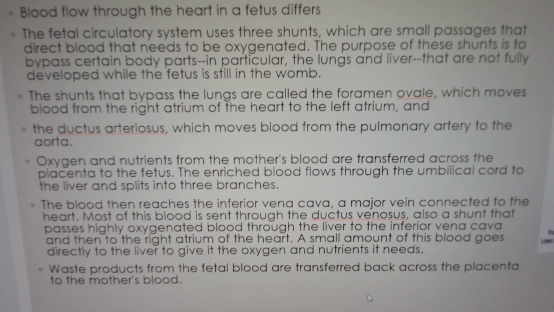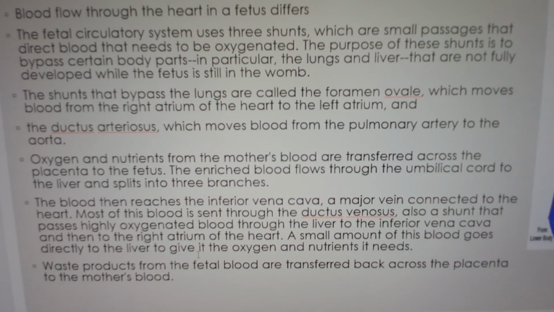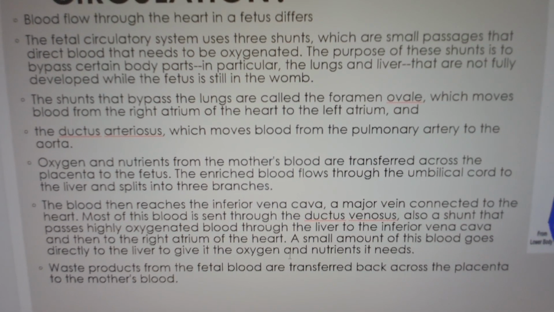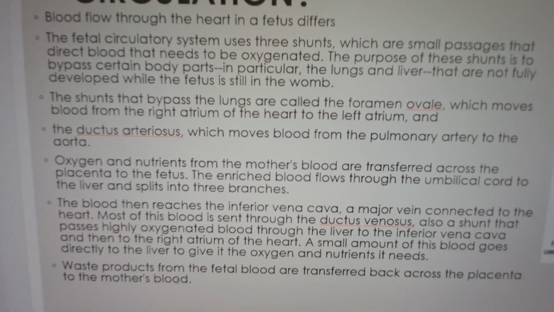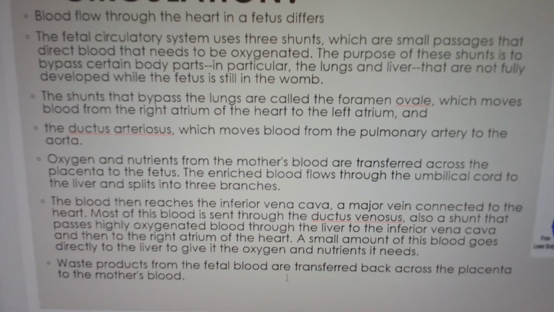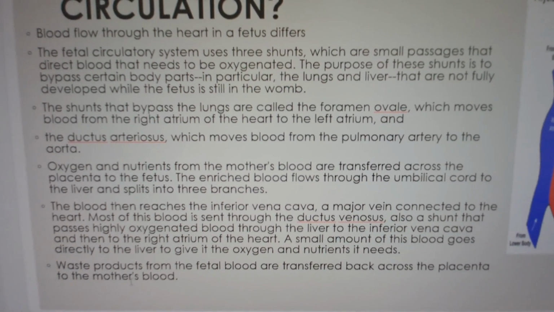A small amount of this blood goes directly into the liver to give it the oxygen and nutrients which are needed. The waste products from the fetal blood are transferred back across the placenta to the mother.